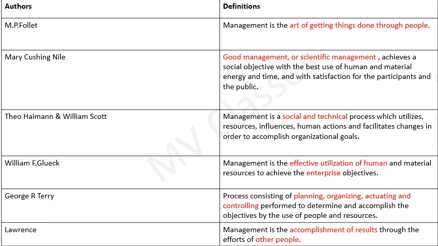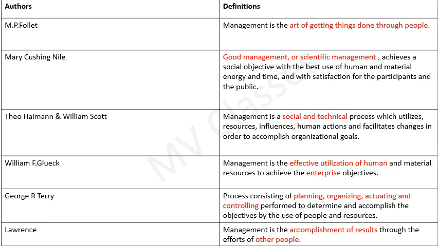He gave the definition of management as a process consisting of planning, organizing, actuating, controlling, performed to determine and accomplish the objective by the use of people and resources. Many of the authors talk about planning, organizing, staffing, controlling, but he is talking about actuating. So what is actuating? Actuating is the motivation or direction of the subordinates. So you can learn by this that he is the only one who is talking about actuating.